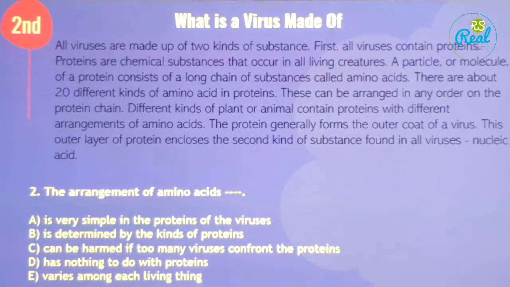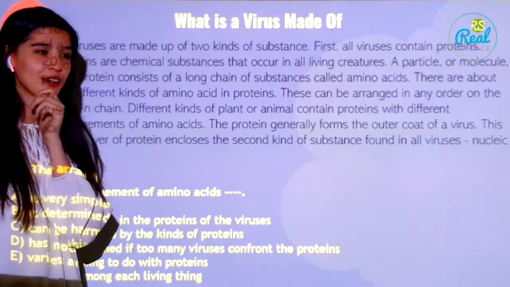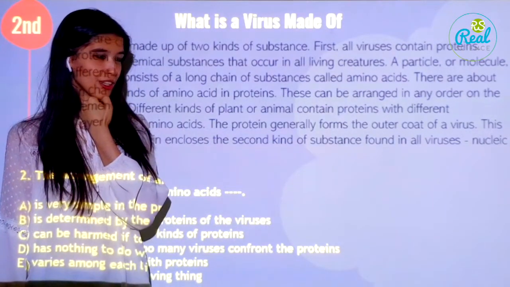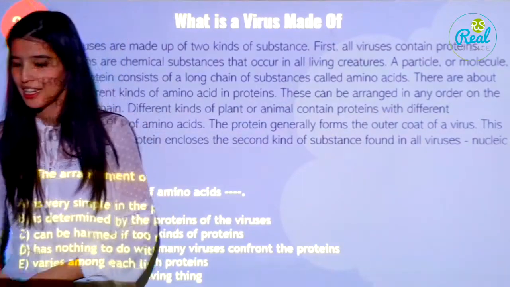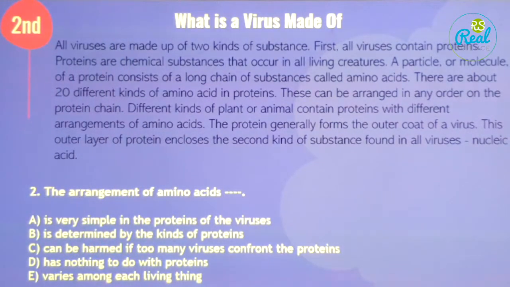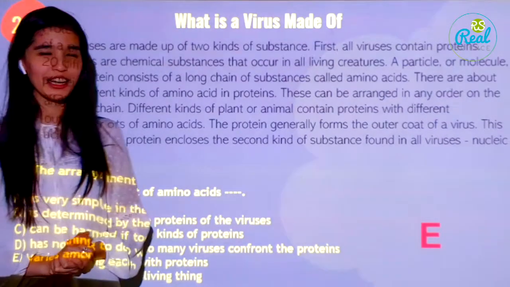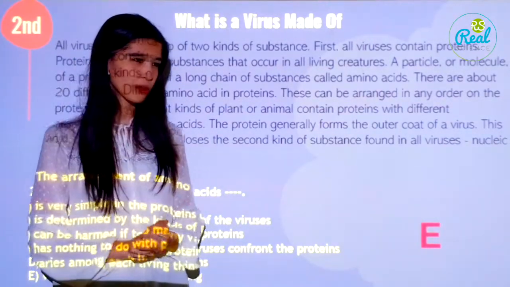Next one. The answer is B. A, B, the arrangement of amino acids. Why do I see incorrect answers? There are a lot. I think it's E. Yes. It's E. I think I saw only in Asadbek the correct answer.